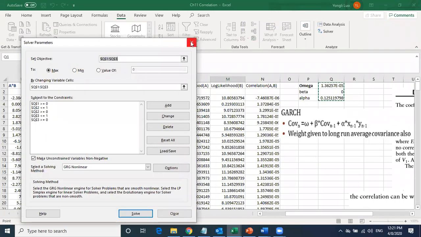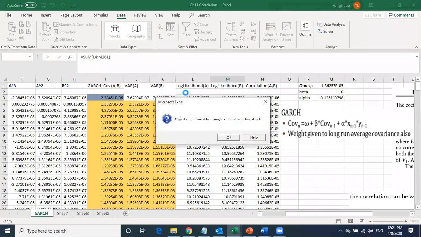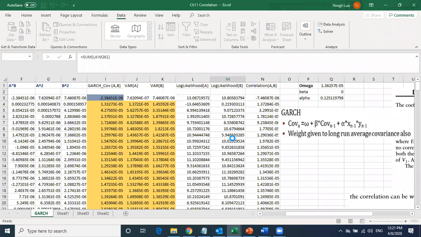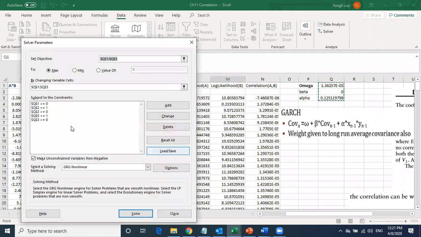Let's see, okay, so there is something wrong with that. Okay, so you just change the variable.